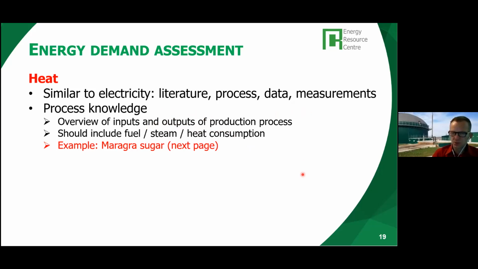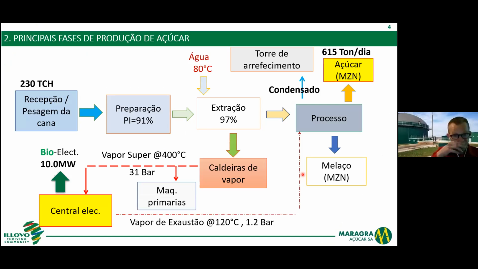I'd like to share with you an example from the Maragra sugar factory. We've seen that a couple of weeks ago when there was the presentation from a Maragra engineer.